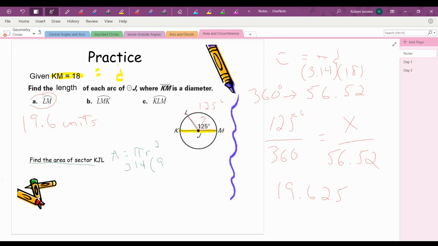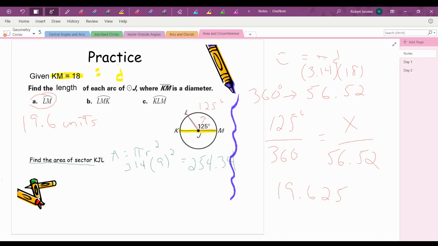Well, the diameter was 18, so the radius is 9. So we find our area, and our area looks like 254.34. And again, that's the whole thing. That is the 360-degree circle.